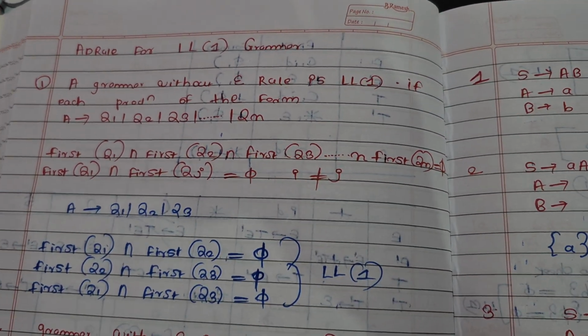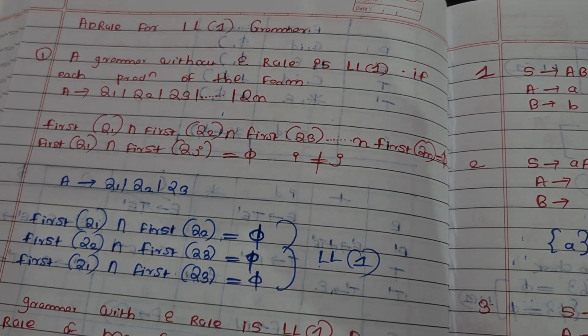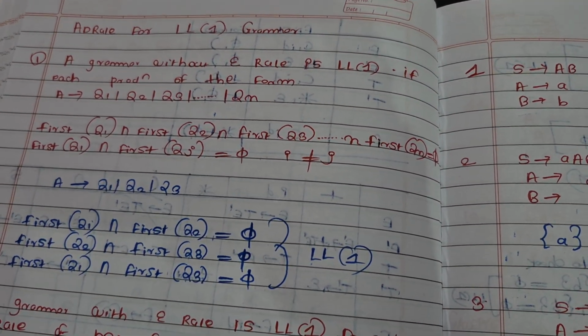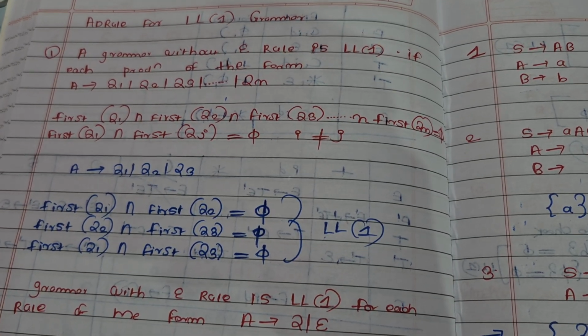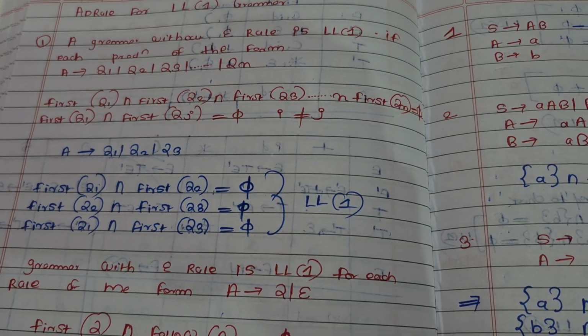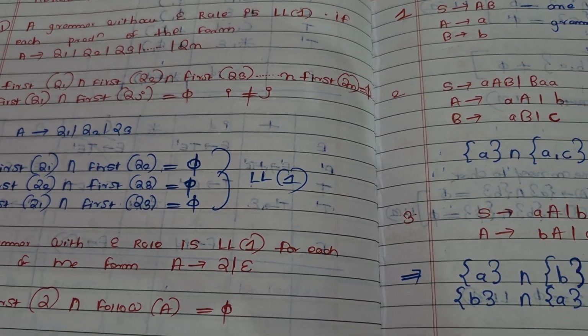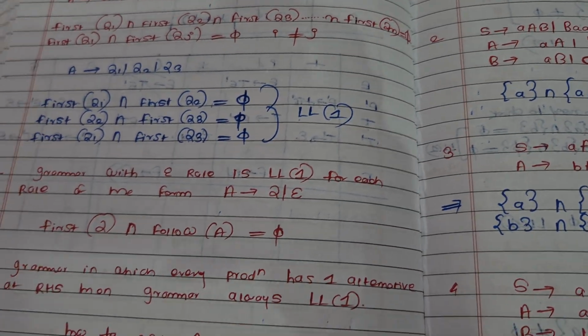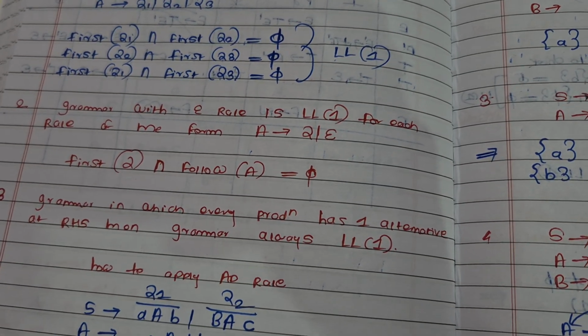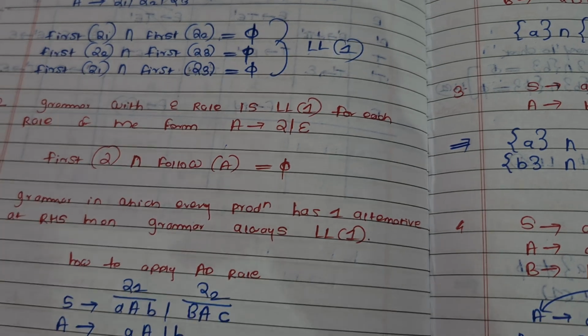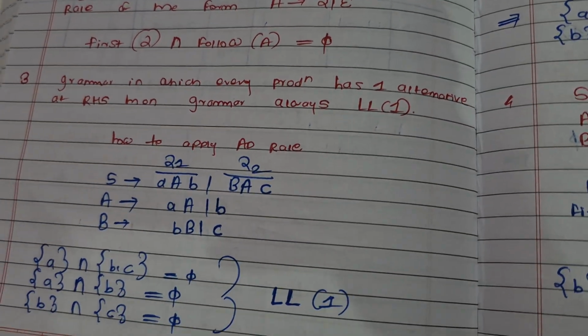So this is the rule for LL1 grammar: a grammar without epsilon rule is LL1 if each production of this form has first sets with intersection equal to phi. You can see there should not be any intersection, then it would be LL1 grammar. Grammar with epsilon rule: first alpha intersection follow equal to phi.